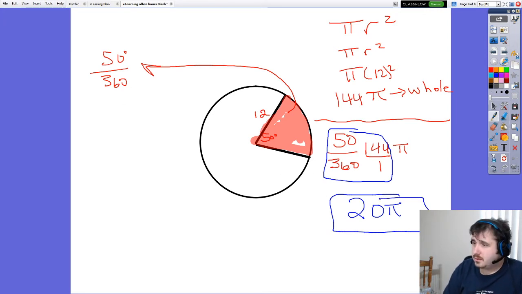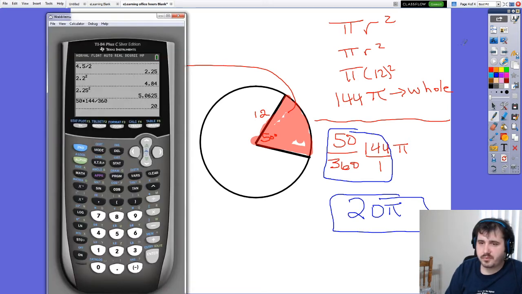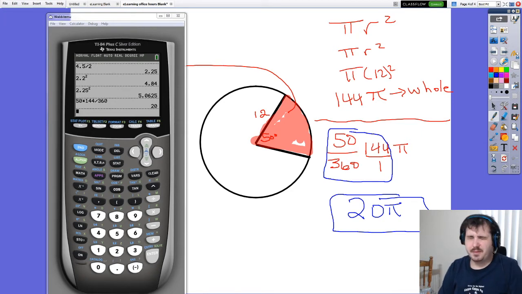So as I'm going through and doing this, that's the way I would do it, just so that it makes sense to me. Find the area of the whole thing and say, all right, I only want 50 degrees out of 360. I only want this percentage of it.